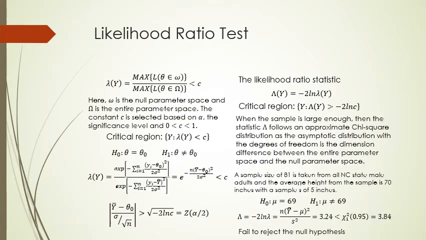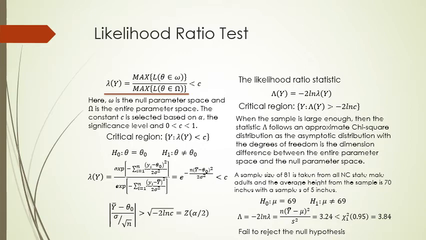Likelihood ratio test may be used to assess the goodness of fit of two models. The likelihood ratio is the ratio of the two maximum likelihoods as this. Here, omega is the null parameter space, and the capital omega is the entire parameter space.